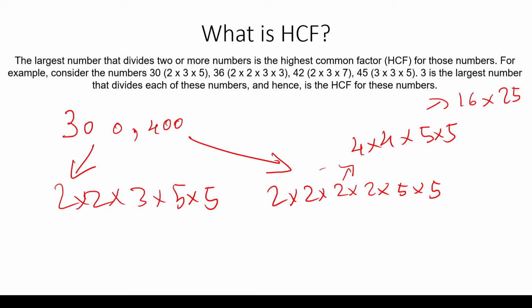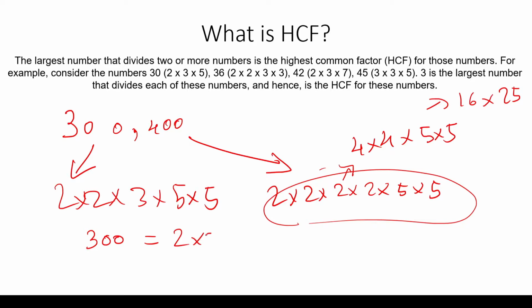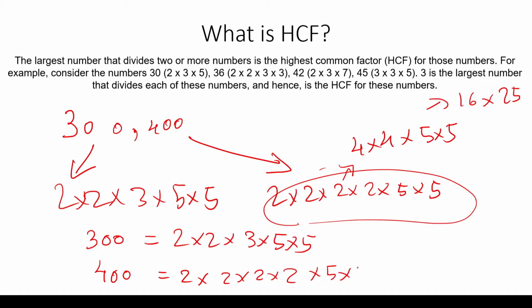Okay, all of these are correct, but to find out the HCF we need the smallest group of numbers, like this. So if we keep them in order, then 300 is equal to 2 into 2 into 3 into 5 into 5, and 400 is equal to 2 into 2 into 2 into 2 into 5 into 5.